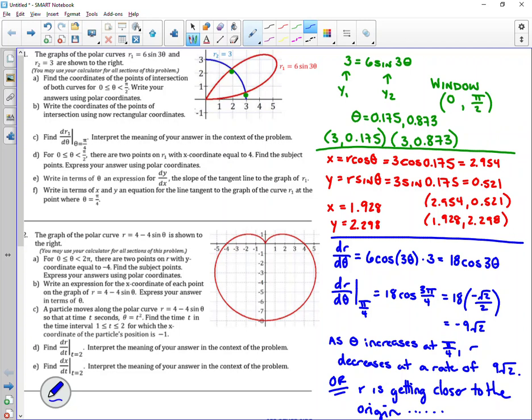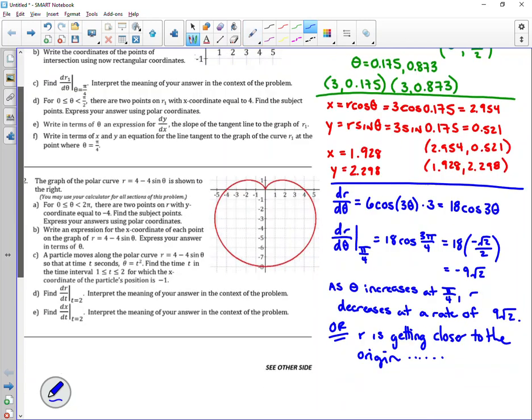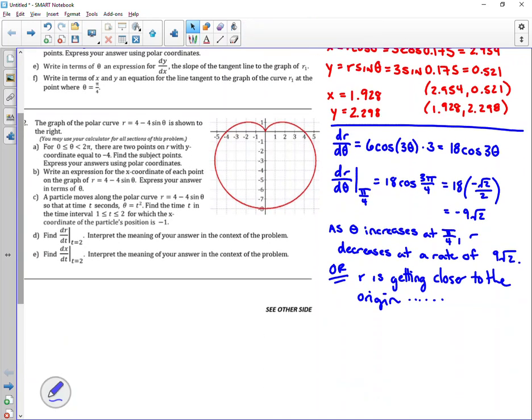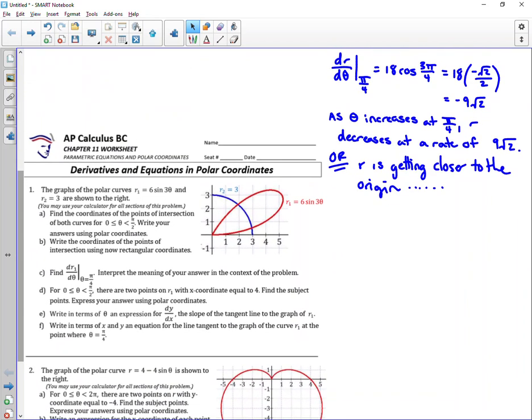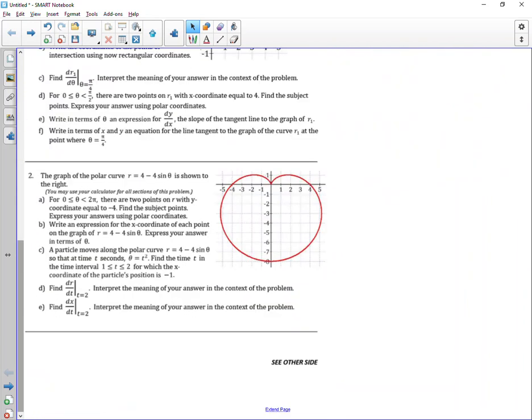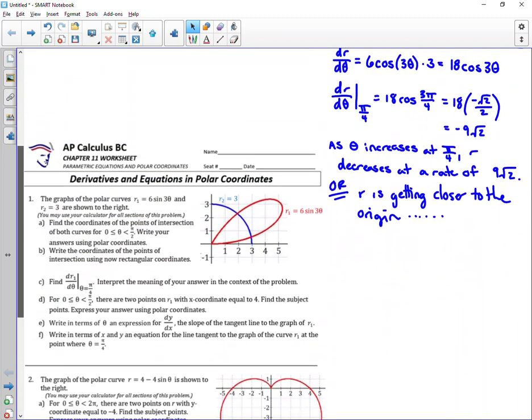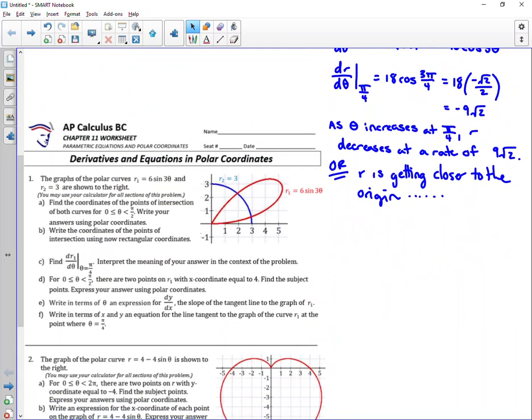Because if r is decreasing, it's getting closer to the origin. Okay, still with me? Kind of? Maybe not. Ish. We'll do more of these, but they're really good for you to see what should be asked.